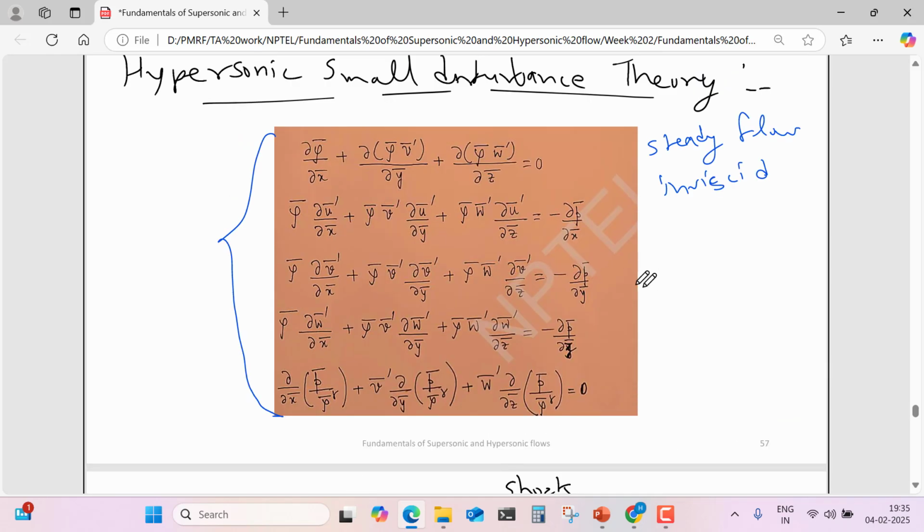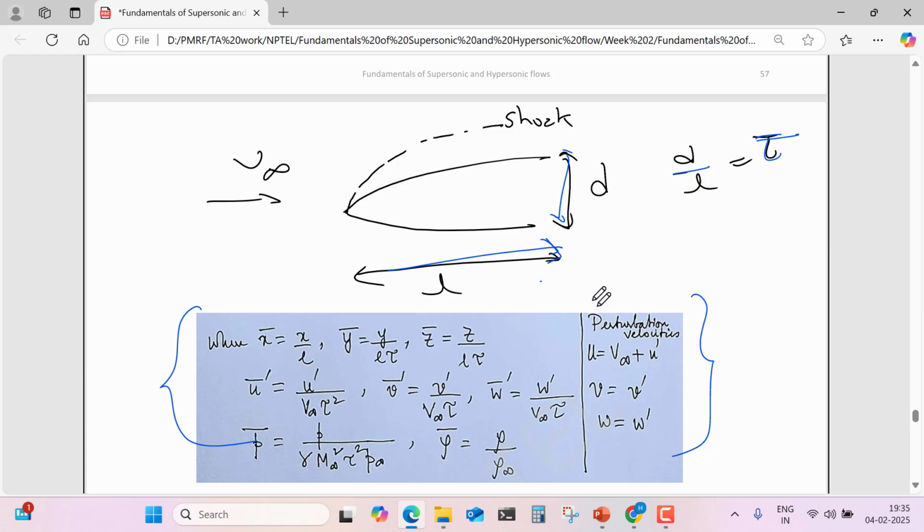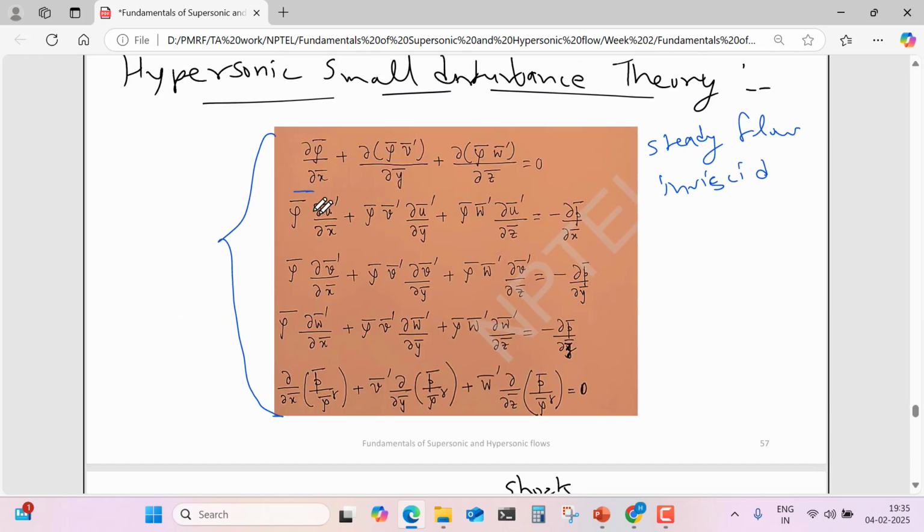In this equation, we find that if you see the first momentum equation, u bar dash is only present in this equation. Rest of the 4 equations it is not present.